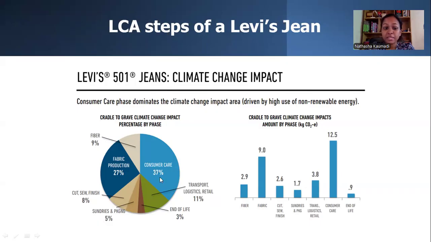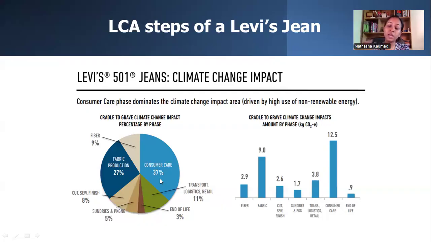Consumer care, 37%. Why? When the consumer is purchasing a jean, washing it, ironing it, and then using it, again washing, ironing, using. When we are purchasing a jean, we are not just using it for 1 month or 1 year, right? It will be there with us for years, I would say.